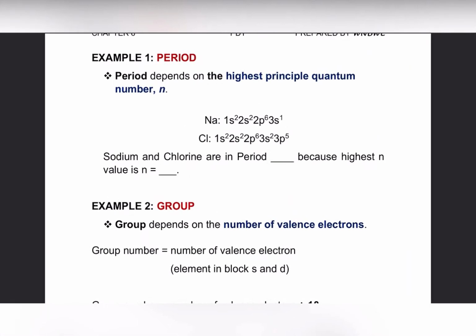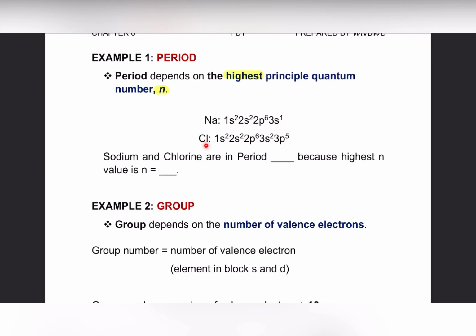So let's try one example for the period. As I mentioned before, period depends on the highest principal quantum number, so dia depend kepada highest n value. As you see here, I got 2 elements, elemen sodium dan chlorine. Dan sodium mempunyai 11 proton number, so it's going to be 11 electrons as well.